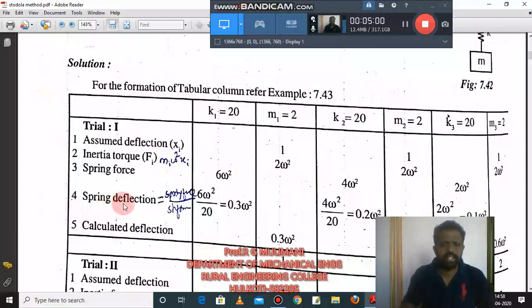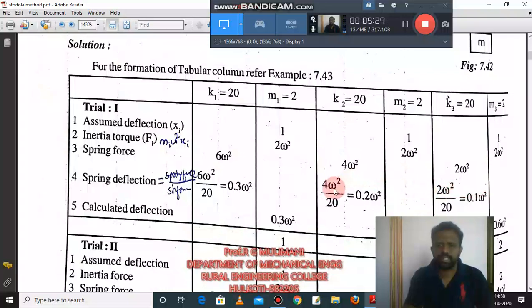Next, spring deflection. Spring deflection means spring force divided by the stiffness value. Spring force 6 omega square divided by 20 is 0.3 omega square. Similarly, spring force divided by stiffness gives 0.2 omega square, and similarly, for the last spring, 0.1 omega square.